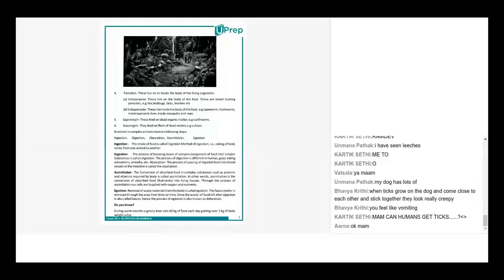Somebody must have killed the tiger, and once the tiger is dead, only then will the vulture eat. Or maybe an elephant grew very old and died in a forest. The vulture will get the smell from somewhere and eat the dead elephant.